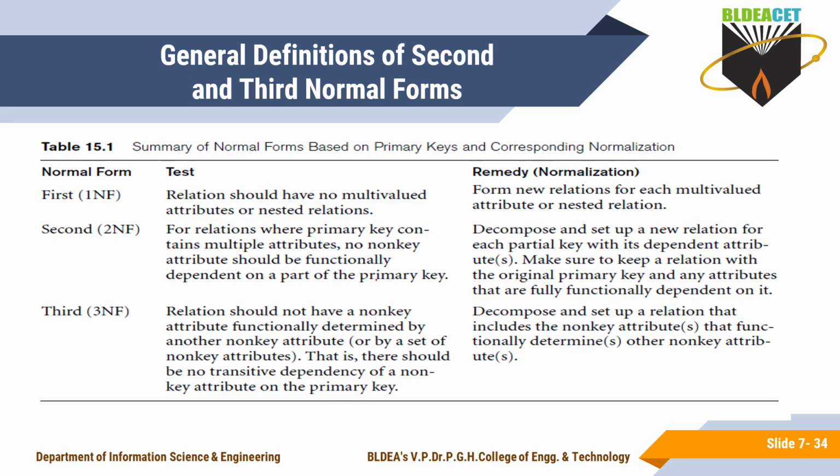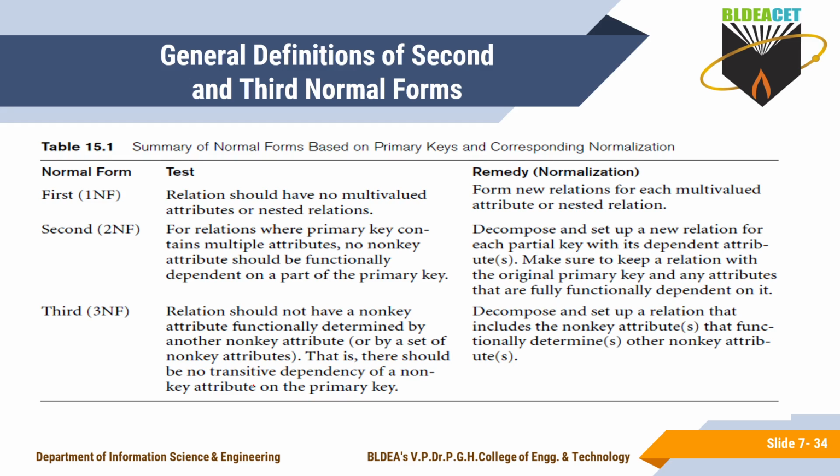Second normal form tells that it must support full functional dependency. If a partial dependency is there, then you have to decompose into a new relation. You decompose that relation into multiple relations, and in the new relation you take the attributes which are partially dependent along with the primary key, and keep those attributes which satisfy full functional dependency. Third normal form does not allow transitive dependency.